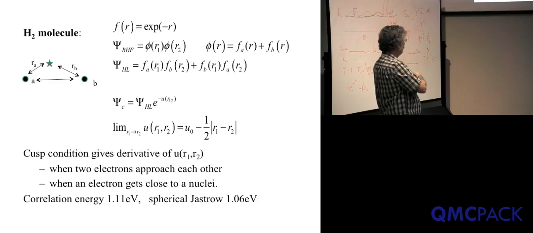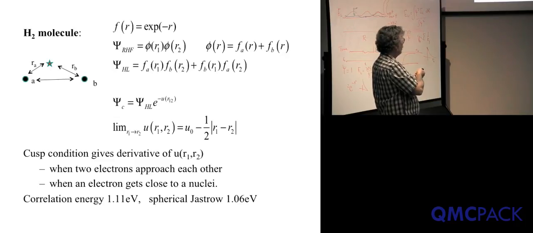Now, the correlation energy, that is the energy that's missing from this wave function, is 1 electron volt. I'm switching to physics units. That's like 10,000 degrees. That's really a big energy.